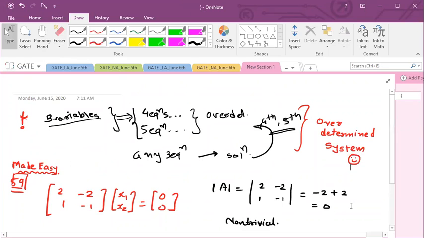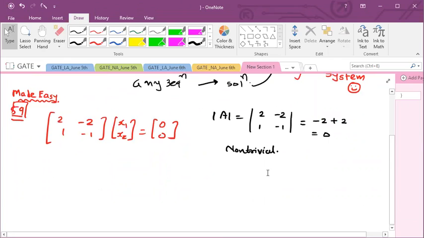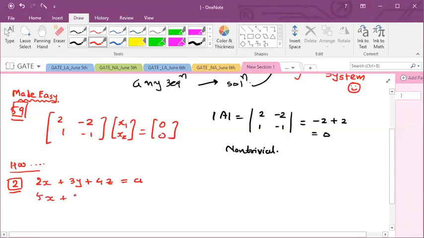Okay, so now let us start. Let us discuss homework given in last class. Question number 2. What is the condition required for 2x plus 3y plus 4z equal to A, 5x plus 6y plus 7z equal to B, 8x plus 9y plus 10z equal to C to have at least one solution?